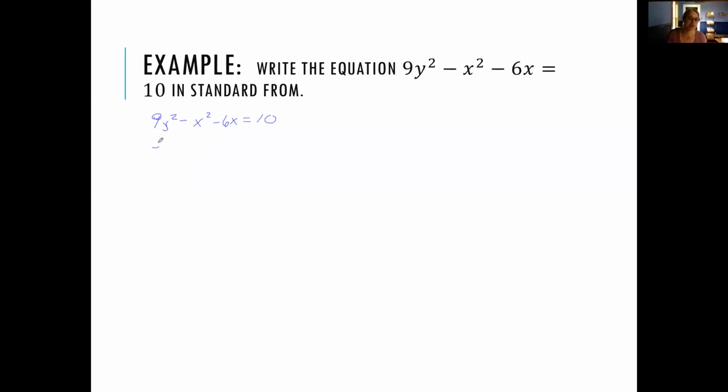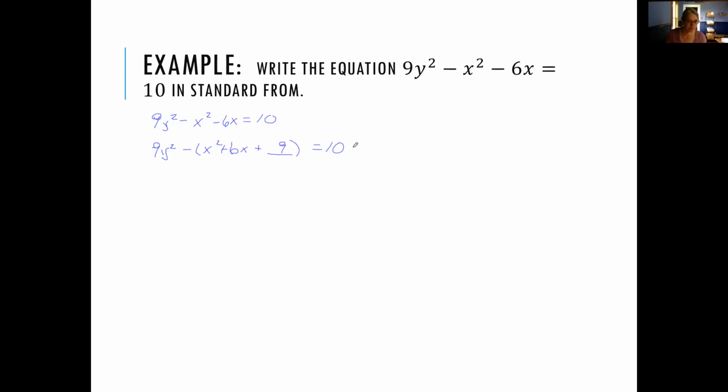So we're going to group the 9y squared because it's fine. It doesn't need to have anything done to it. We're going to group the x's together. Be careful with that minus sign. I'm going to leave it blank because I know I'm going to complete the square. I'm going to add half of 6 squared, so half of 6 is 3. Square that, we get 9.